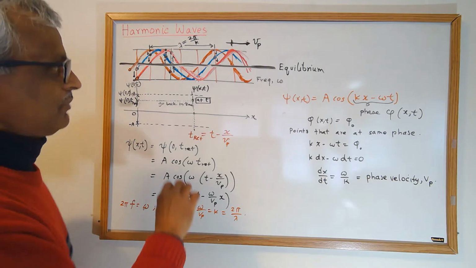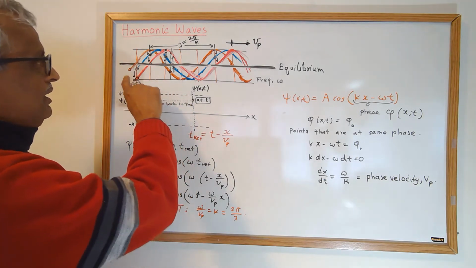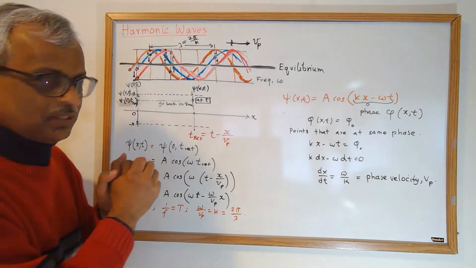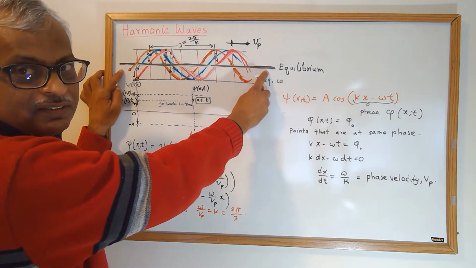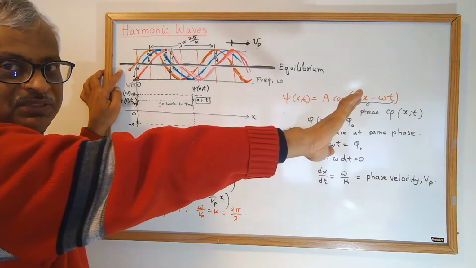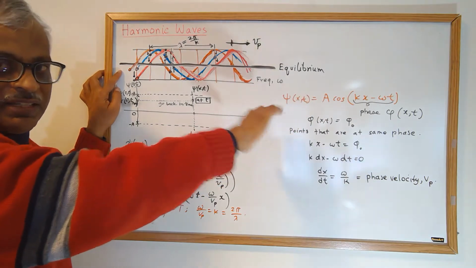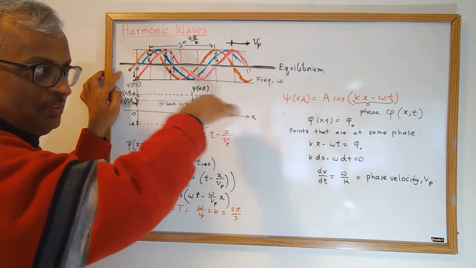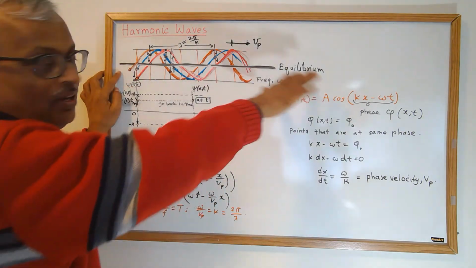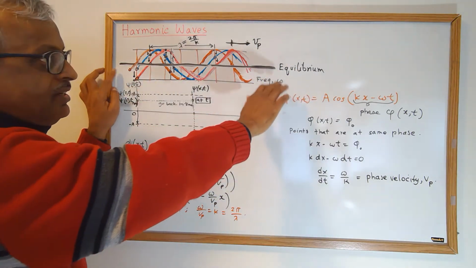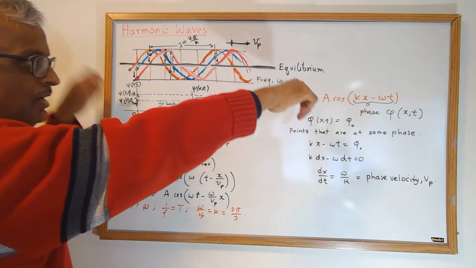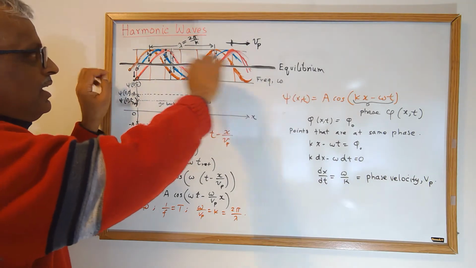So let's put some kind of physical sense to it. Suppose I have a string and I want to oscillate the string and let a wave be generated there. That's why we did the driven oscillator part, because we're going to learn how to generate a wave which progresses down the string. Here's this string, which is taut, and fixed on the other side, and on this side I'm going to oscillate it.